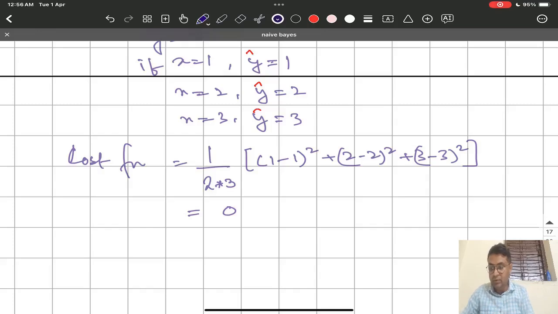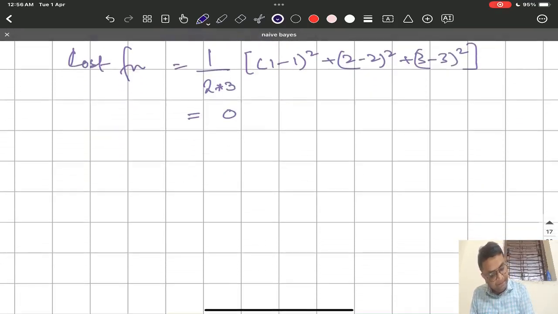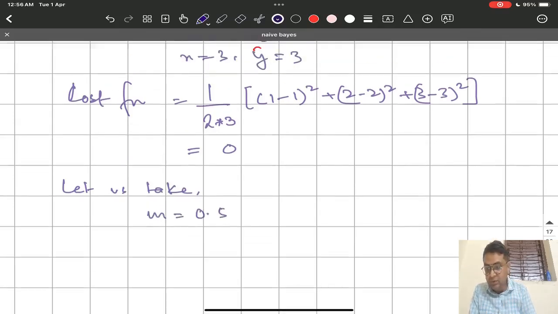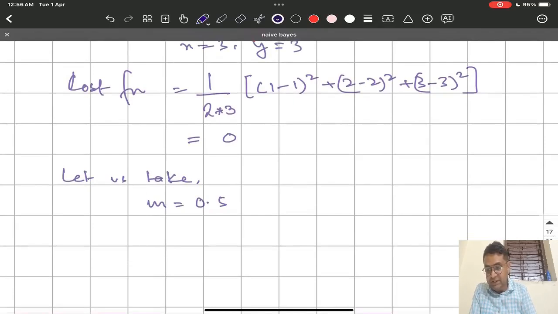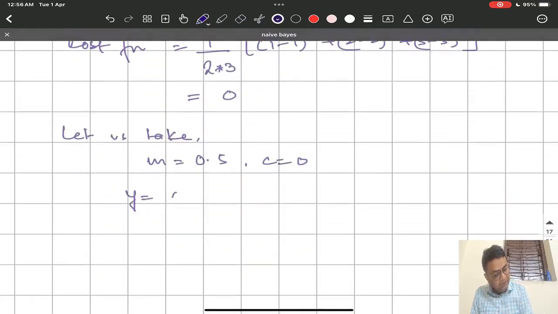Now what I will do, let us take m equal to 0.5 and c equal to 0. Okay, so y equal to 0.5 into x.